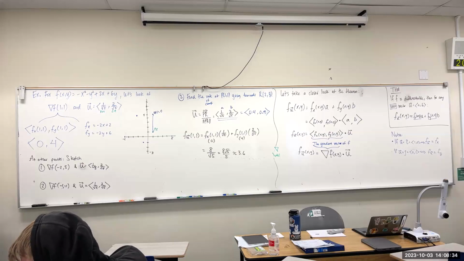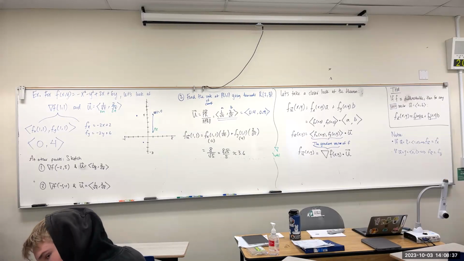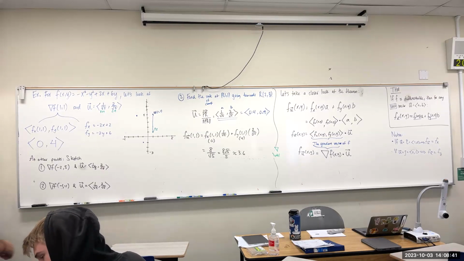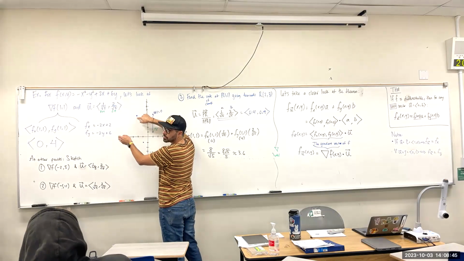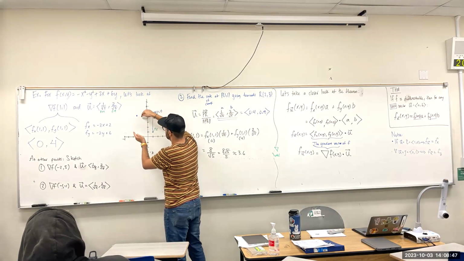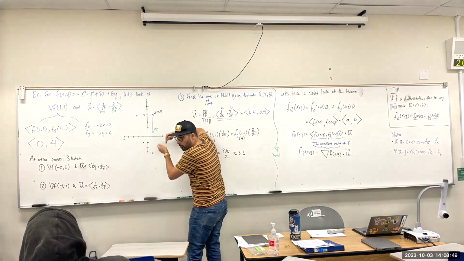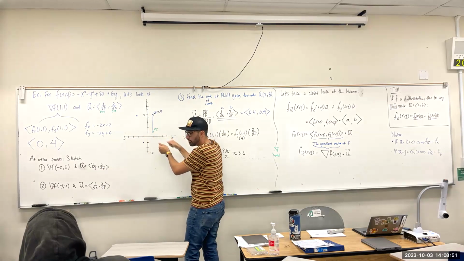So then write it as well. So from this point, you're going to draw that vector 6, -4. So you're going to go 6 in the x direction, 4 in the y direction, and then sketch that.